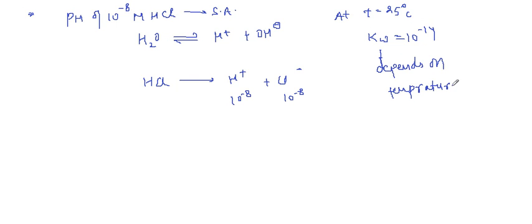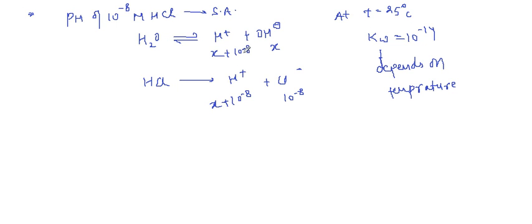Let's say water forms an equal amount of H plus and OH minus, so it is X and it is also X. Now we know that H plus is already present in the solution, whether it is coming from H2O or from HCl, so 10 to the power minus 8, so then it also equals X.